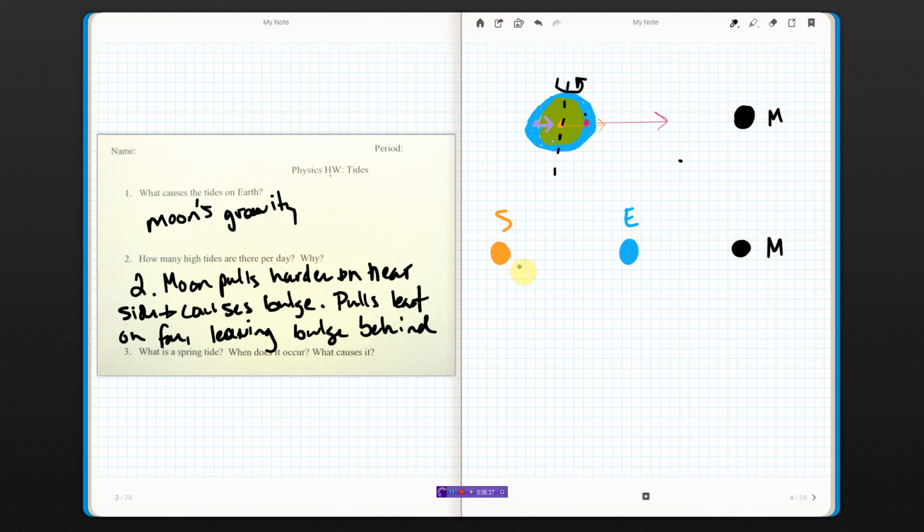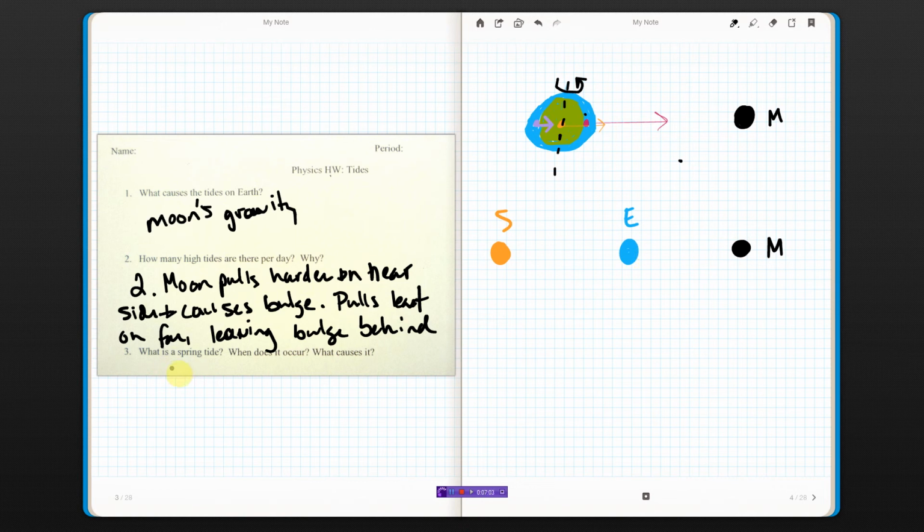The Sun also causes tides, but they're not as big or significant. But they're there. I heard like a quarter the size of the Moon's. But if they're all lined up, then the Moon causes bulges, the Sun causes bulges. Basically, the Moon's and the Sun's bulges line up, and you get really, really big bulges. So we get really high tides, really low tides.